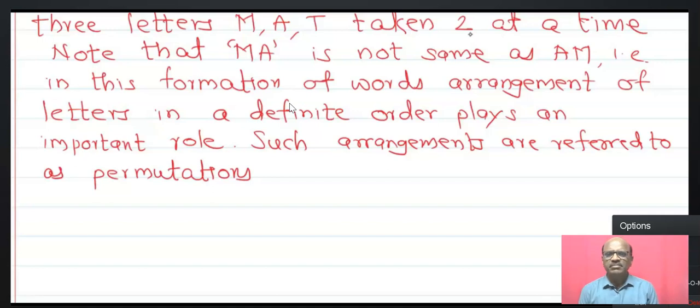It may be meaningful or meaningless. Such a type of arrangement is referred to as permutations. Now we'll see the definition of the permutation. What is meant by the permutation? It is nothing but the arrangement of these objects.